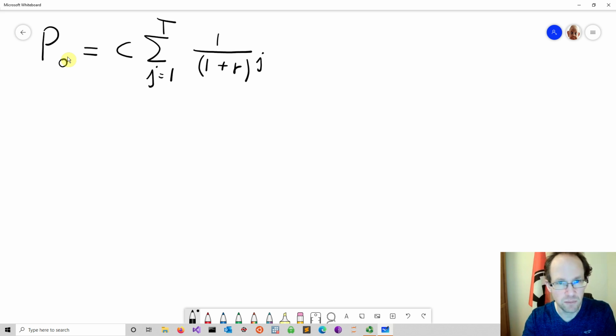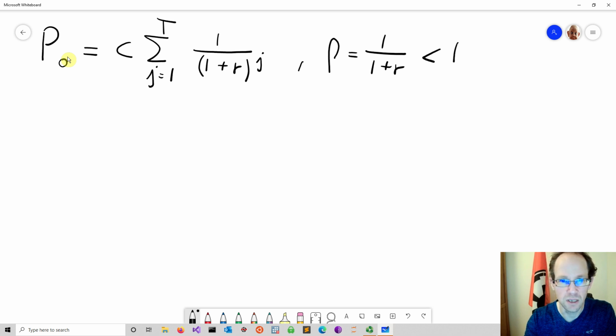The first thing which is useful to do is to simplify the notation by taking a substitution. Denote rho, the Greek letter rho, as equal to 1 divided by 1 plus the discount rate, and obviously for an appropriate discount rate this is less than 1. So that's my discount factor.